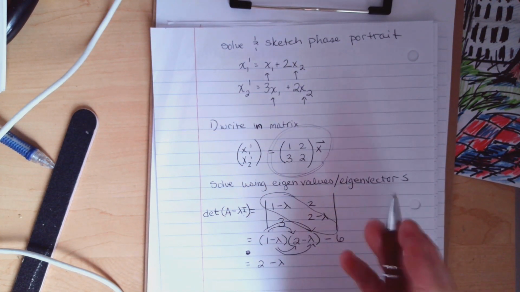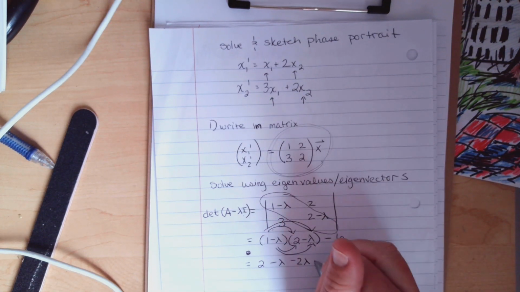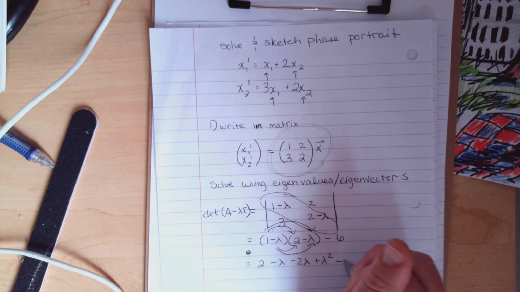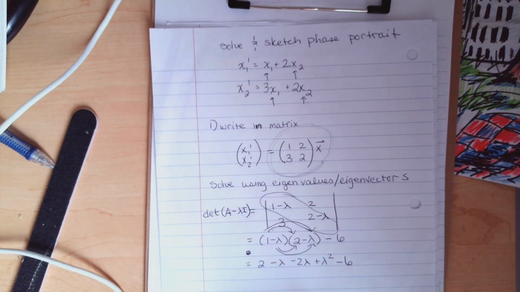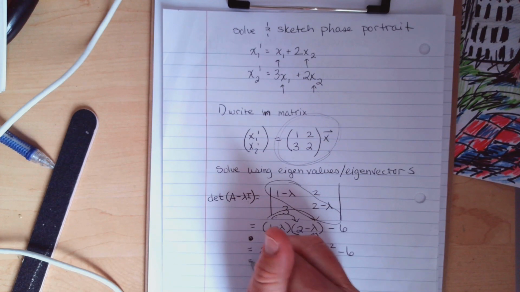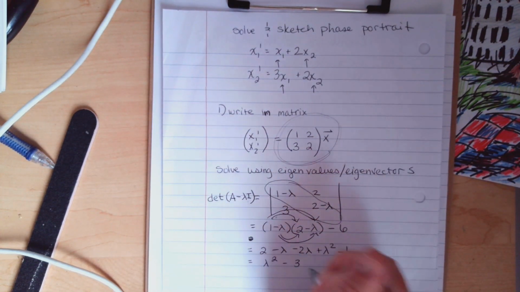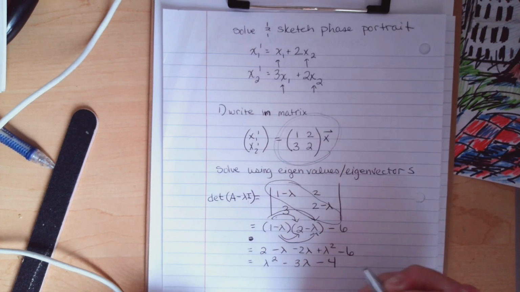Negative lambda times 2, negative 2 lambda. Negative lambda times negative lambda is plus lambda squared, minus 6. Let's go ahead and clean this all up. And we get lambda squared minus 3 lambda minus 4.